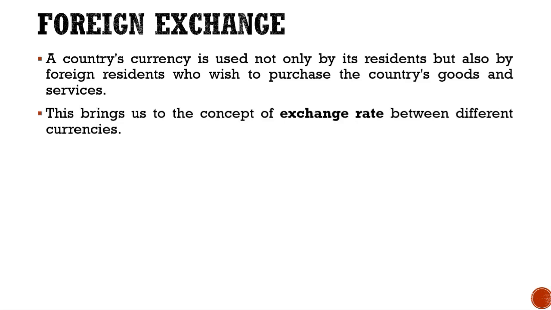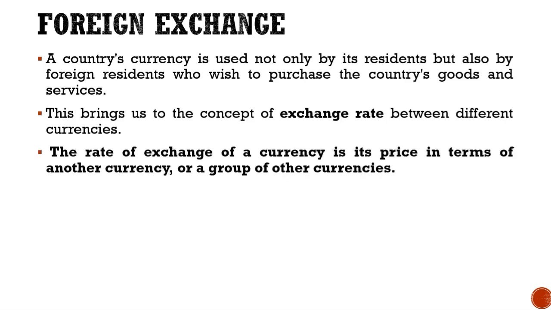This brings us to the concept called the exchange rate between different currencies. Now, the rate of exchange of a currency is its price in terms of another currency or a group of other currencies. So, the rate of exchange is nothing but your currency when compared with another currency, that is, the price at which you will be settling.